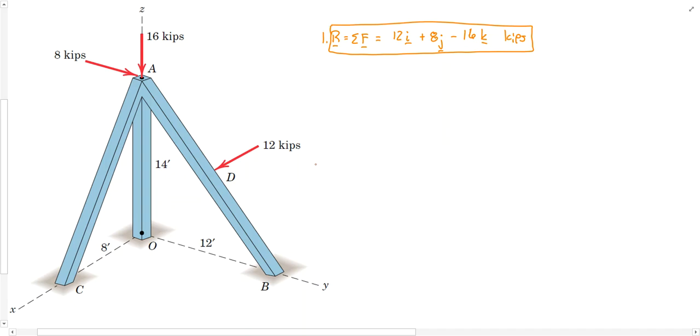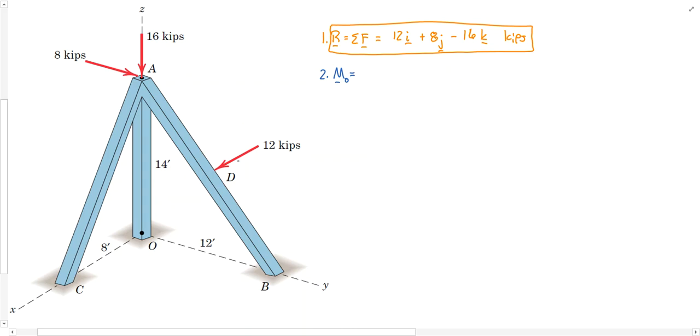All right. Our second step would be to write the moment that the forces make around the origin here at O. So the moment around O would be equal. All right, so let's think about the axes together. Notice the 16 kip force is going to pass through the origin. It is not going to make a moment around any axis.